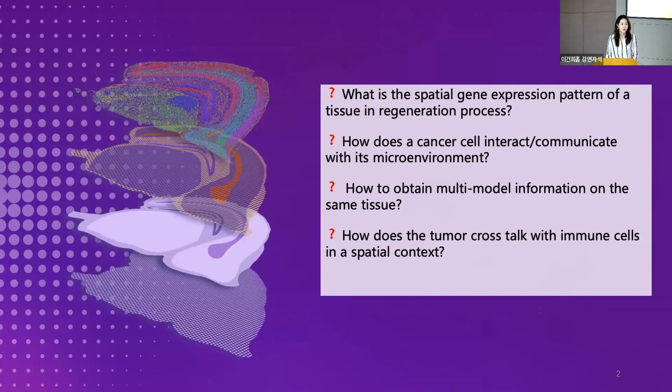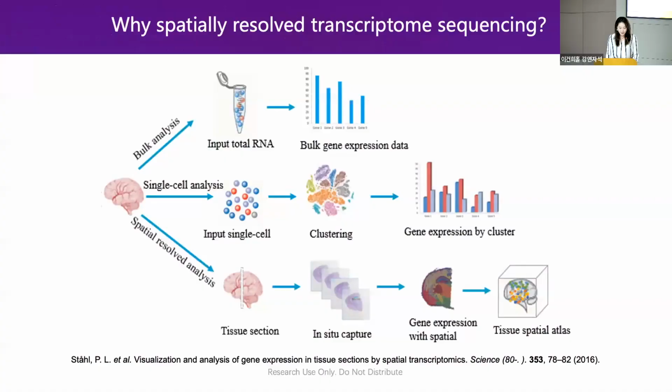And this leads to the question of why we choose spatially resolved transcriptomic sequencing solutions. I think everyone knows that location matters, and it matters in a way that can answer your questions, provide insights, and allow you to dig deeper into the study of tissue biology.